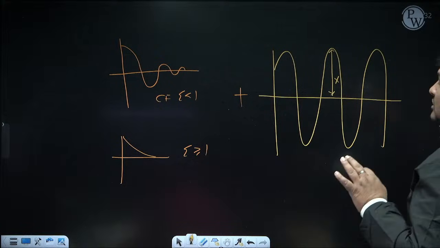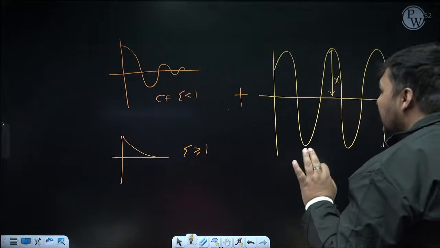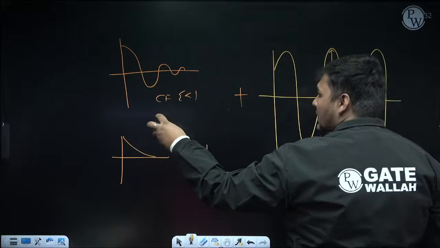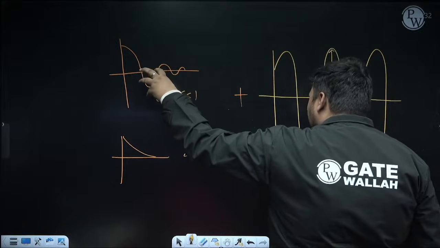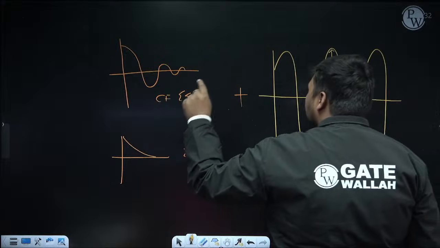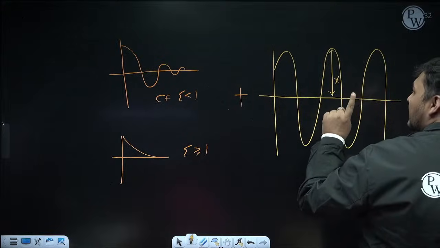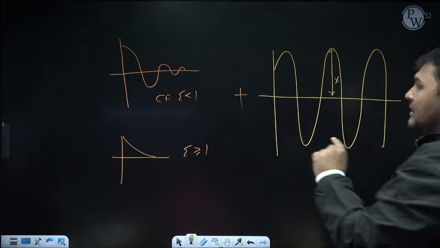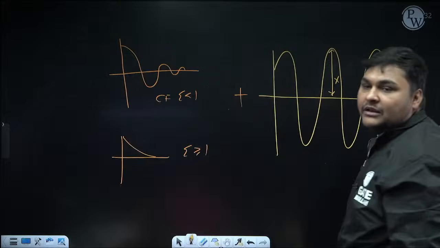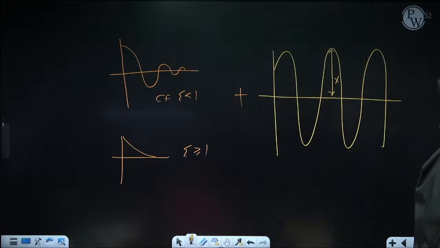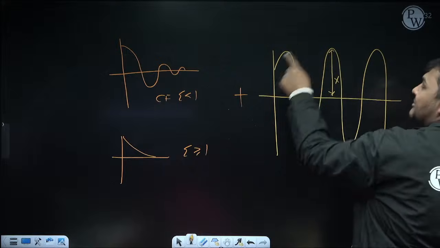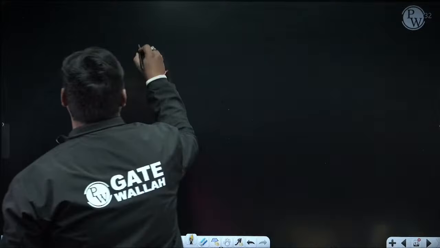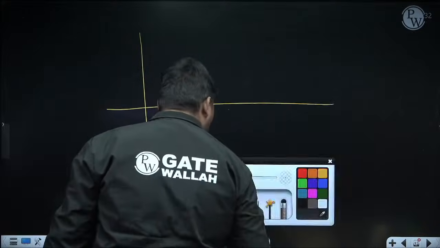So can I say if I draw the graph of x, that is CF plus PI, initially due to the presence of CF part, because initially the effect of CF is more, but with time the effect of CF is reducing. So when I draw the graph of CF plus PI, initially the amplitude will reduce, but after some time the effect of CF will be negligible, and then the graph of x will be the same as PI. This is important.